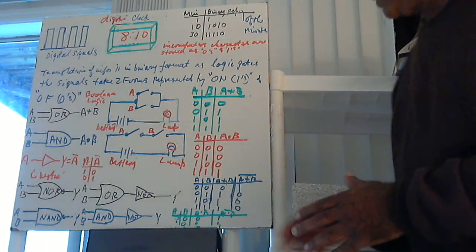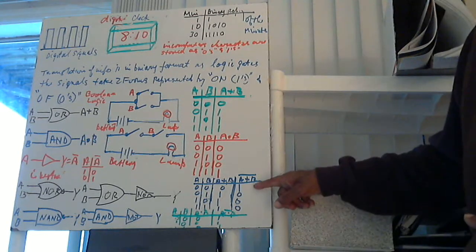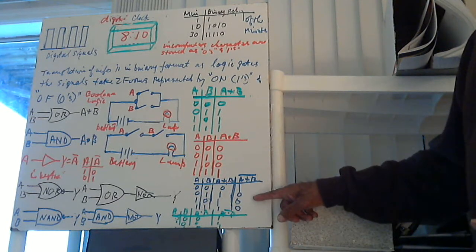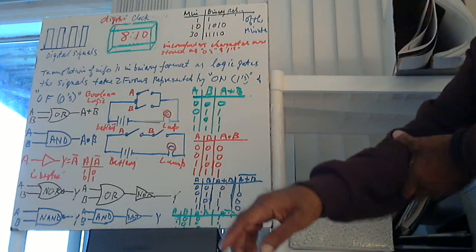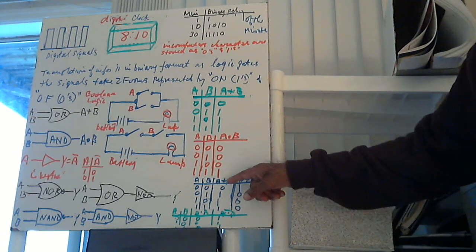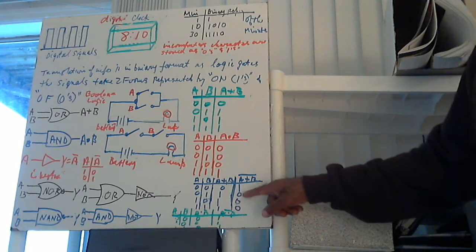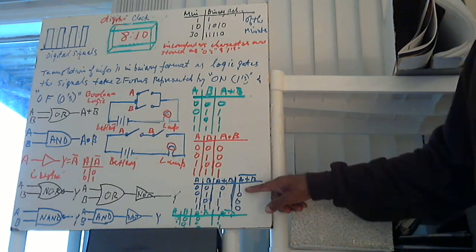So what this NOR gate does is it inverts the output of the OR gate. If the OR is on, it turns it off. If it's off, it turns it on.